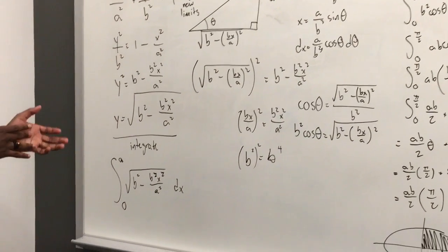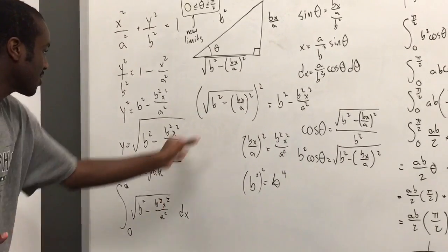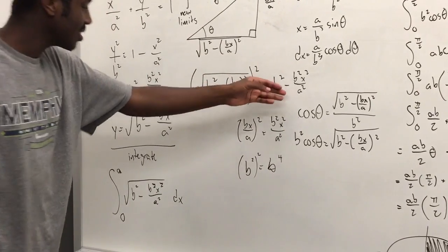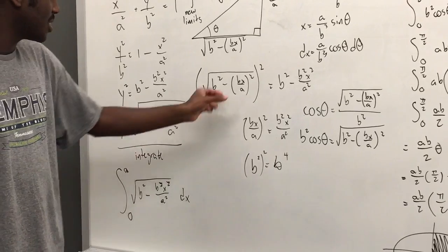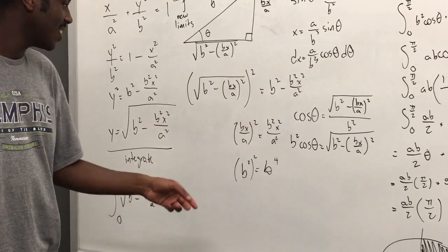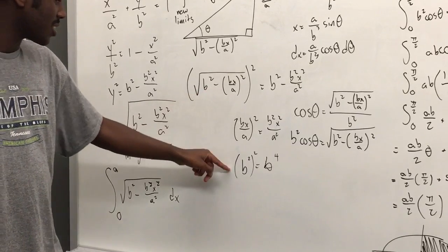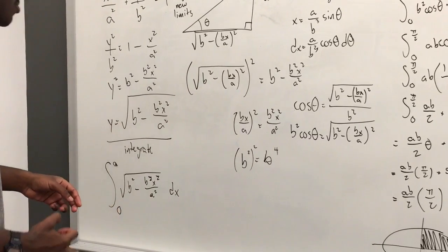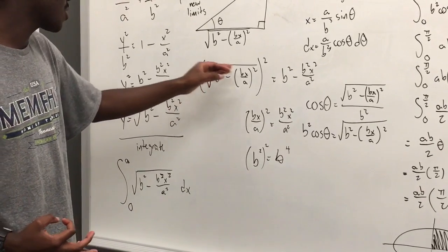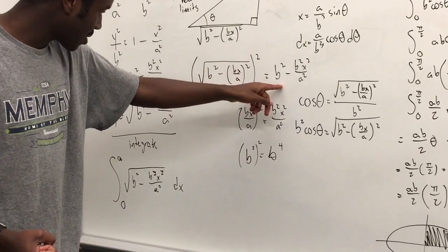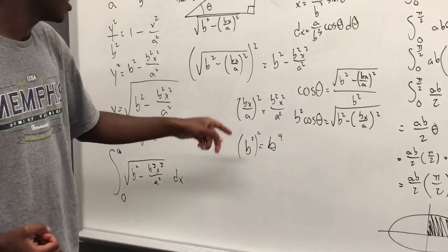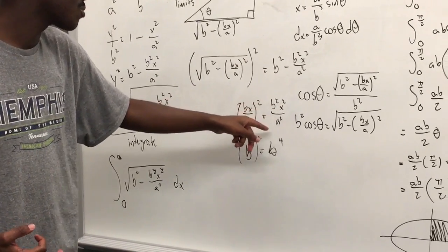So what we do is we take this here, we make it equal, we square it, and then we take what's inside here, which would be bx over a, we square that, and then we square this b squared inside of here. So what this will give you is b squared minus b squared x squared over a squared plus b squared x squared over a squared.